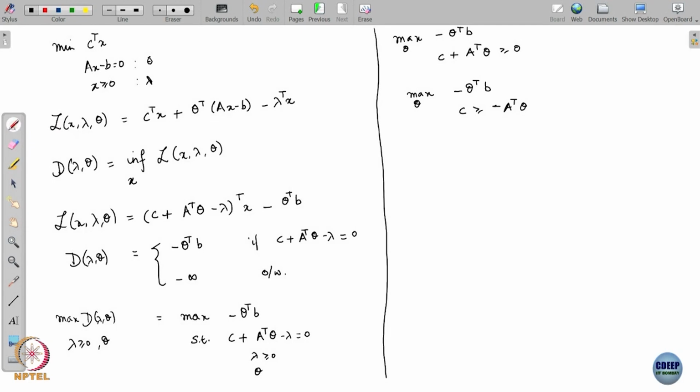Alternatively, I just define theta dash as minus theta, or define y as minus theta here.